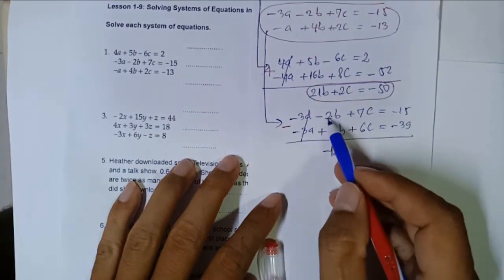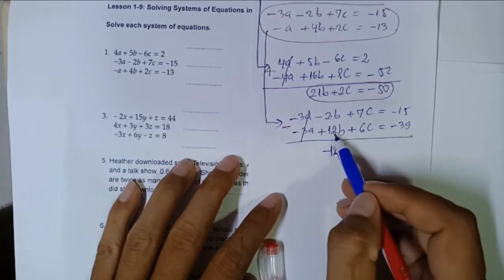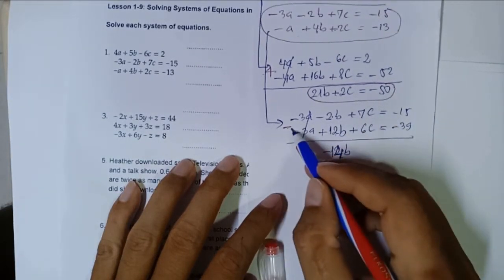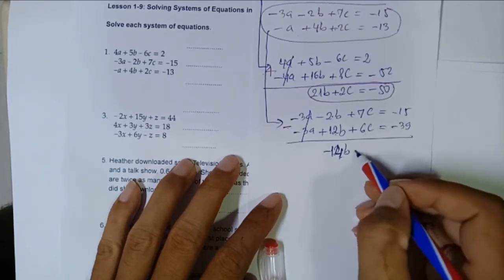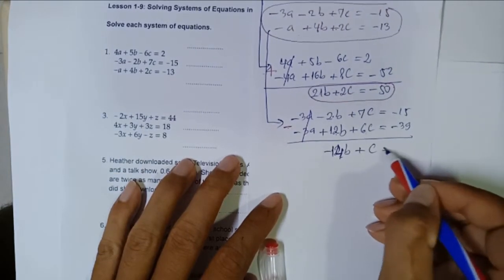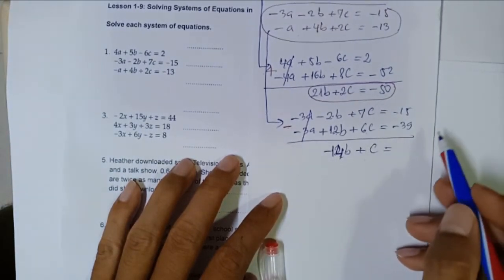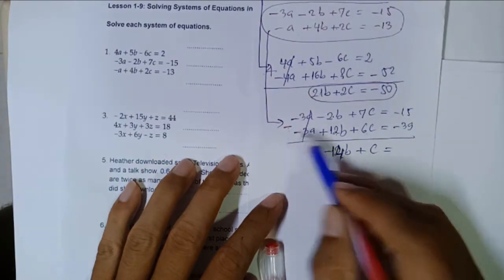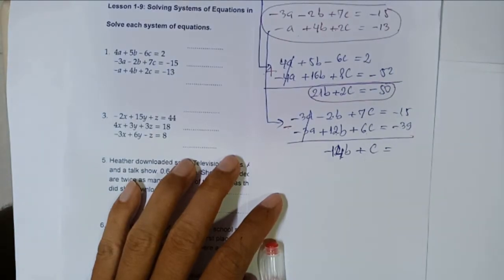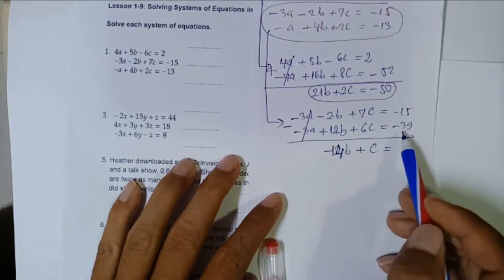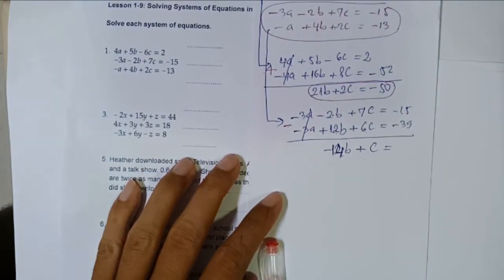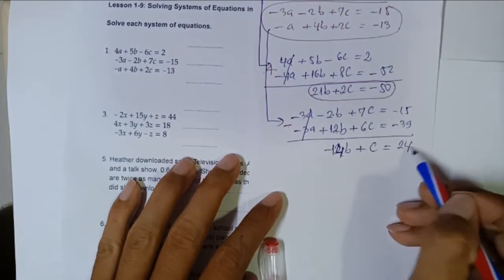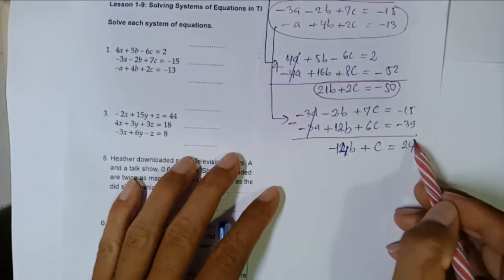Let me repeat: minus 2 minus 12 is minus 14. 7 minus 6, you got C equal to minus 15 plus 39. So you have 39 minus 15, that will give you 24. This is another equation.